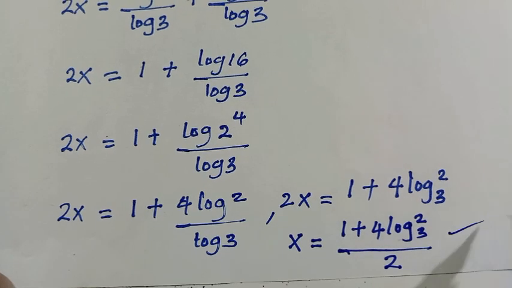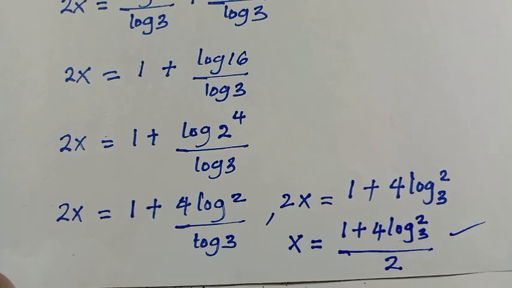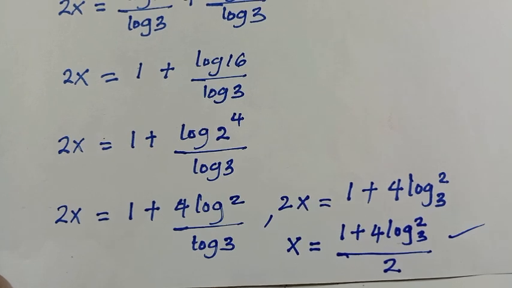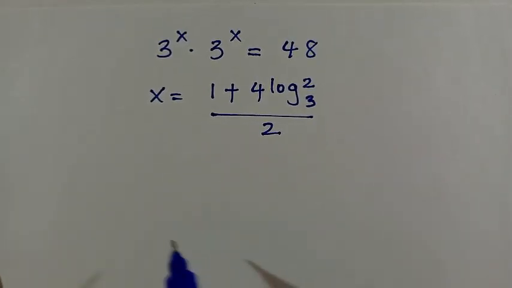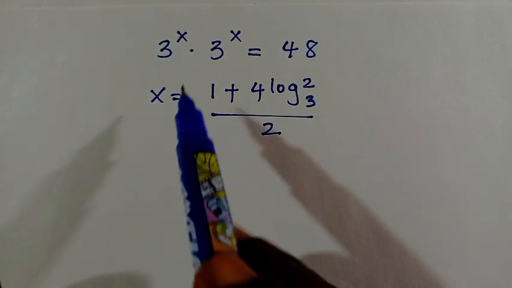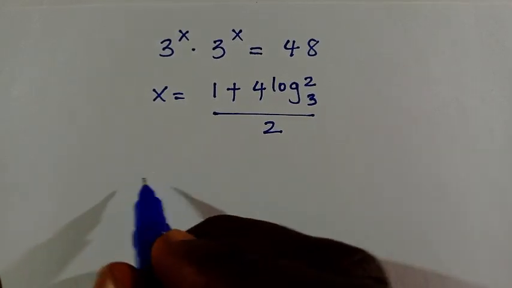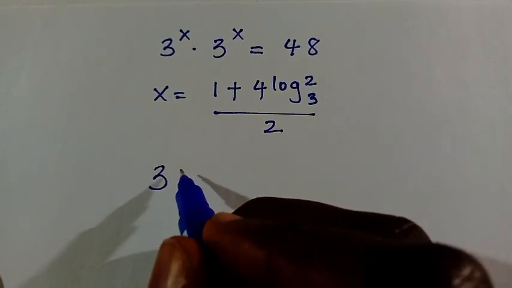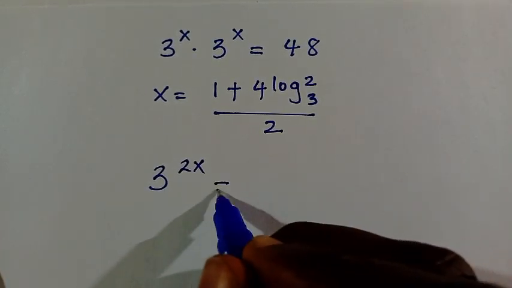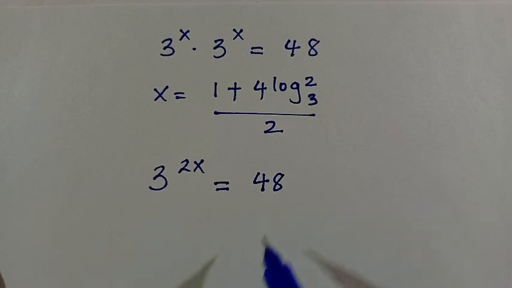So here is the value of x that satisfies this, as we are going to verify if this truly equals or not. If this is what we have, we are going to substitute the value of x into the equation, 3 raised to the power of 2x equals 48.